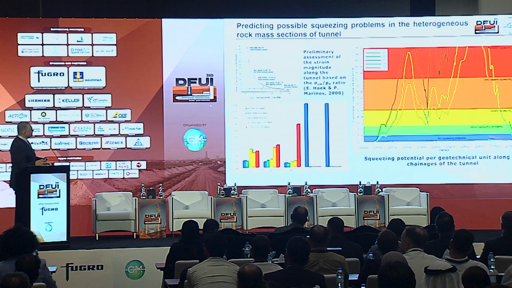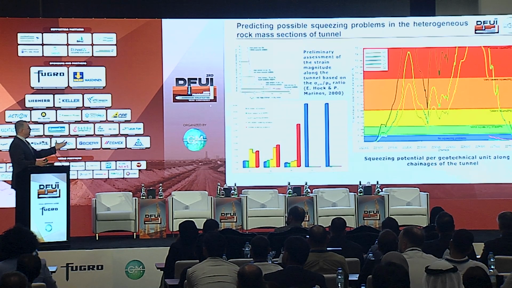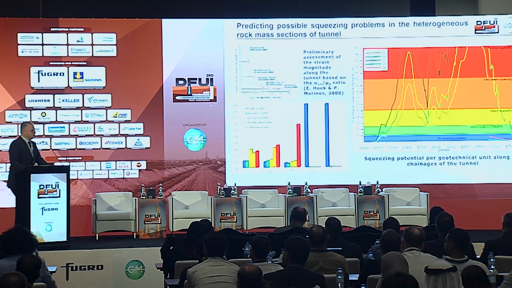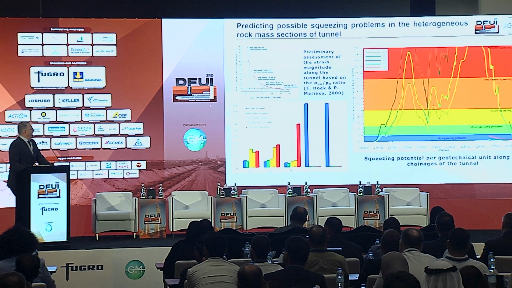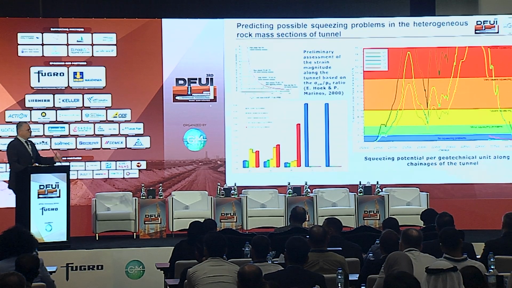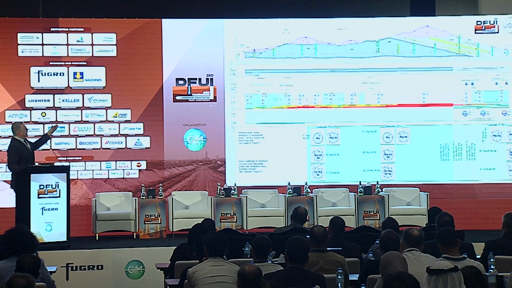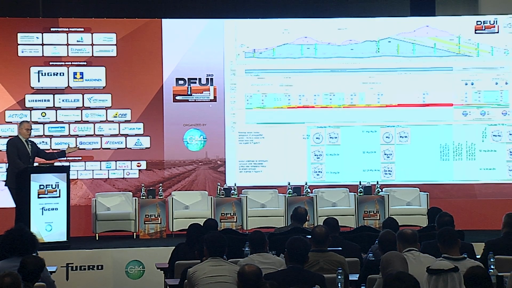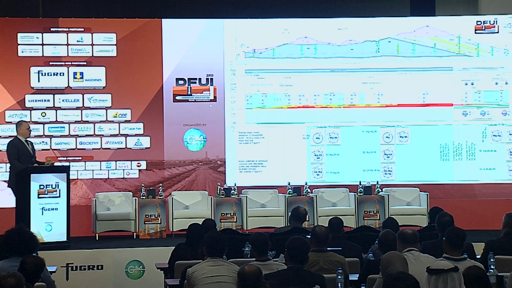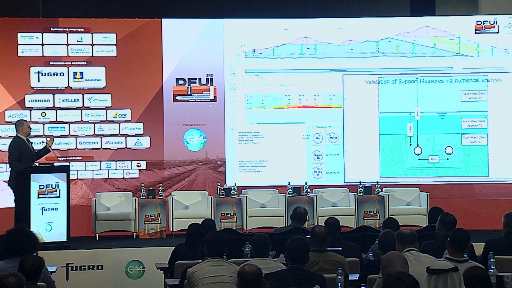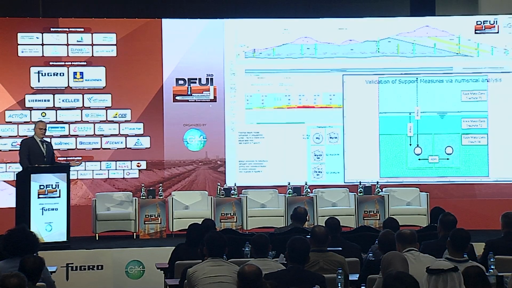So you can assess the squeezing potential, following the diagram of the rock mass strength to the in situ stress ratio, and along your chainages, using again the rock mass strength, and then along your tunnel, you can assess your rock mass behavior modes. I just need one more minute to close, because my time is off, and then you can proceed definitely to your numerical analysis.